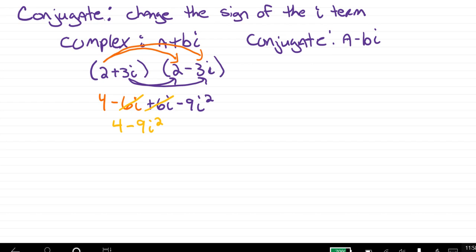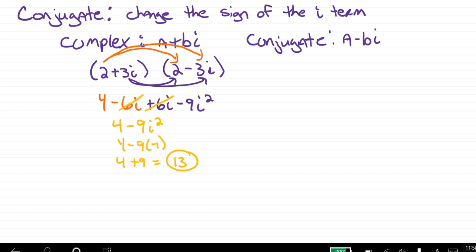Again, we can replace the i squared with negative 1, so it'll be 4 minus 9 times negative 1, so it ended up being 4 plus 9, which is 13. So the reason we do this is because we don't want the i term. The i term is going to always be a problem when we're dealing with fractions. This is how you deal with the conjugate.